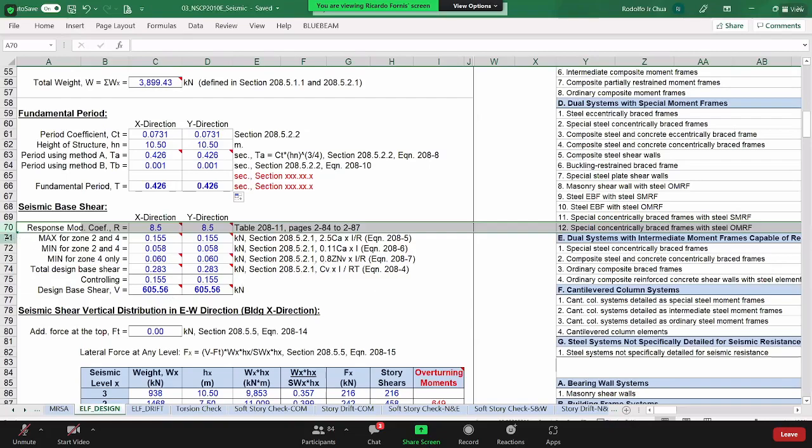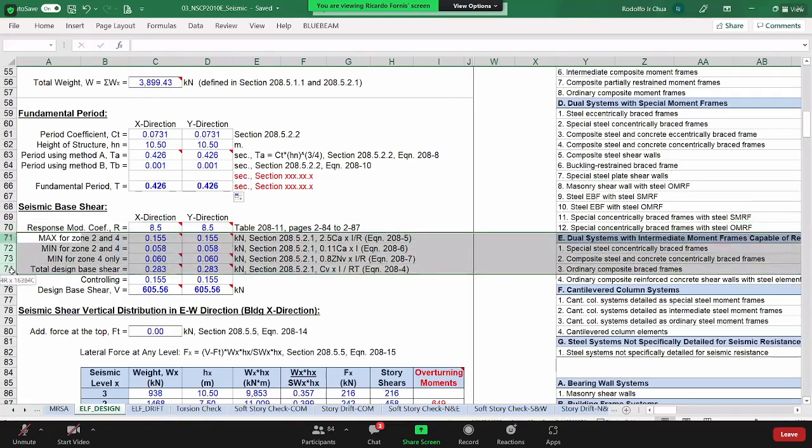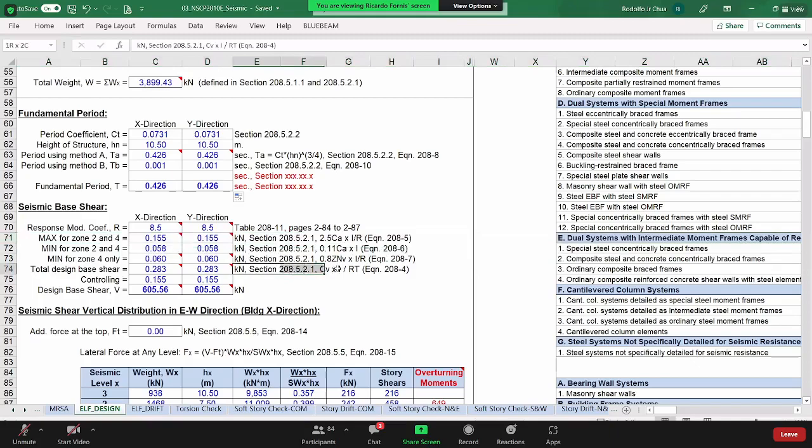So according to the code, the base shear is calculated using this equation 208-4, but you have to satisfy the limits, the minimum and the maximum limits.